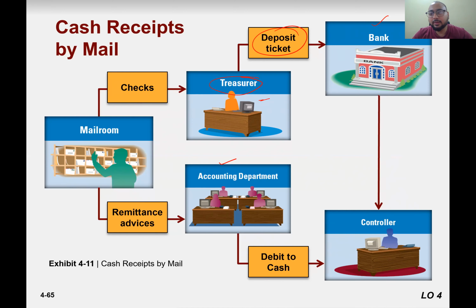Immediately when they receive the check, they debit the cash, and this information comes to the controller, and the controller can check whether the check is deposited with the bank or not, because in their books it is already debited, right? Because when you receive a check from customers, you receive cash. Cash increase means asset increase. Asset increase means debit. So that's why it is debited to cash.